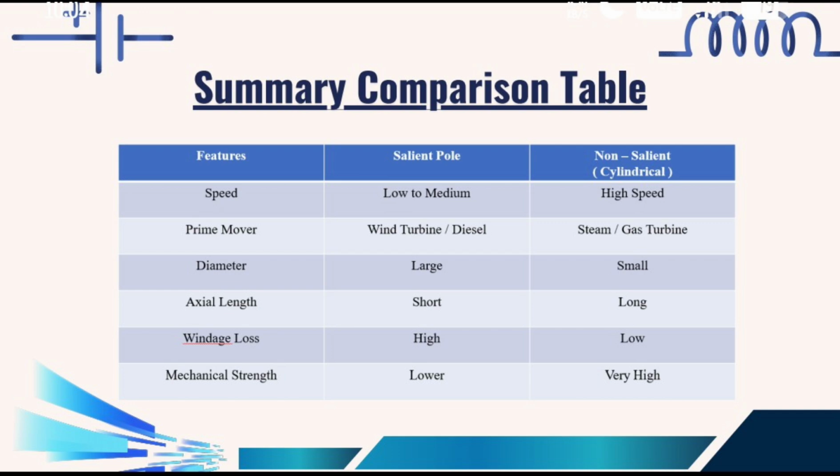The prime mover is a wind turbine or diesel for the salient pole, and steam or gas turbine for the cylindrical. The diameter is large for the salient pole and small for the cylindrical. The axial length is short and long, windage loss is high and low, and the mechanical strength is lower and very high.